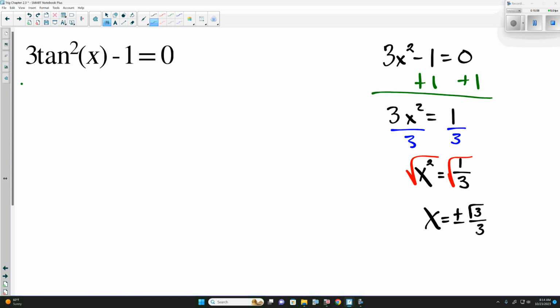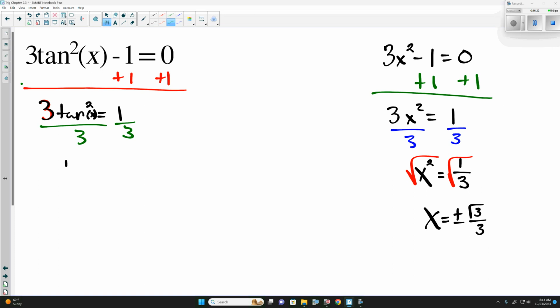Well, it's the same thing over here, because we can start off by adding 1 to both sides, telling us that 3 tangent squared of x is equal to 1.